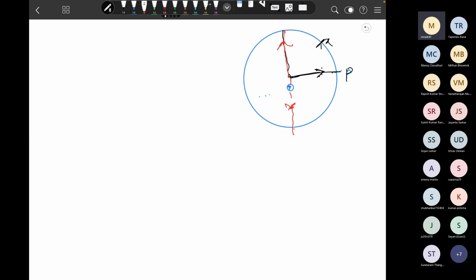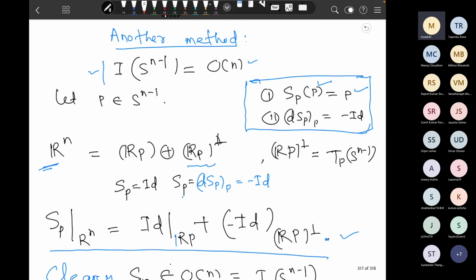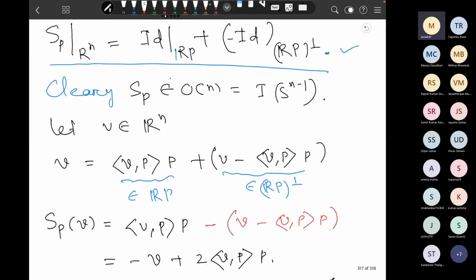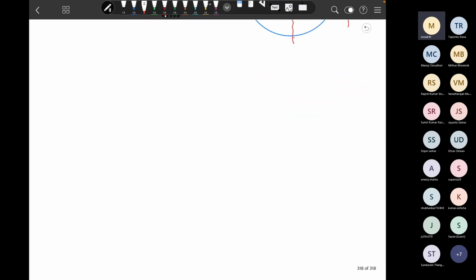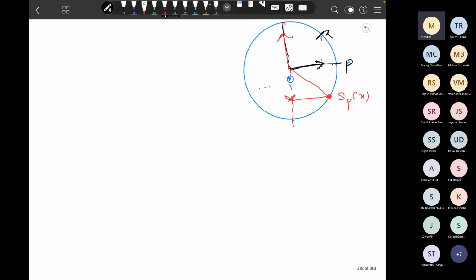So this is my negative, and this is my SP of x. So in this case also you will get the same point. I hope these things are clear to you. Is there anybody who couldn't understand this? No? Is it clear?